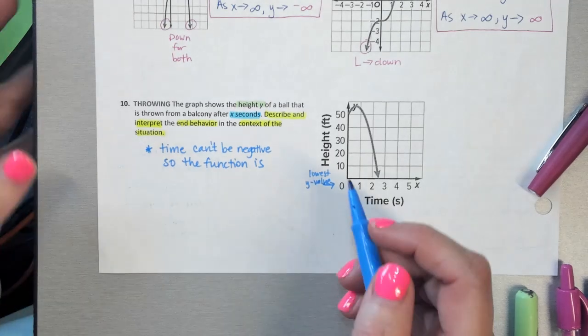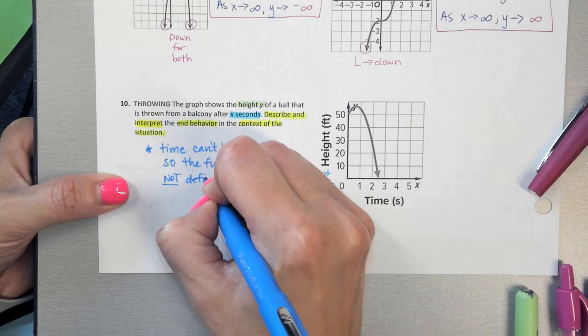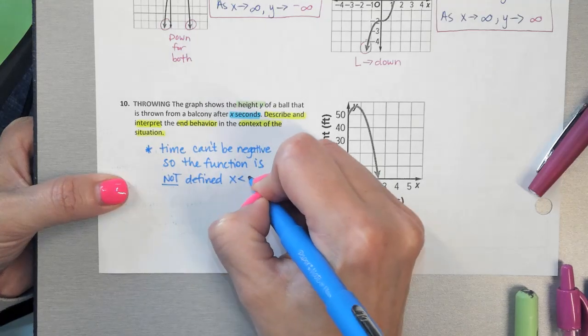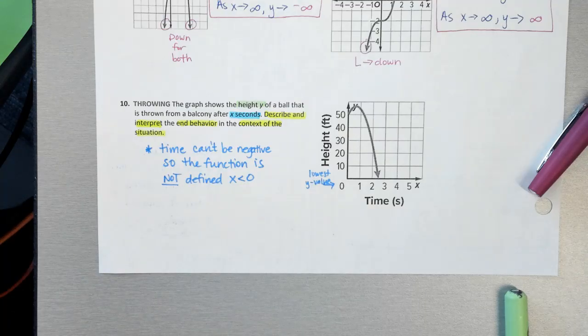Time can't be negative, so the function is not defined when x is less than 0. So let's think about how that affects the end behavior, because anytime we did end behavior, the first thing we wrote down was as x goes to negative infinity.